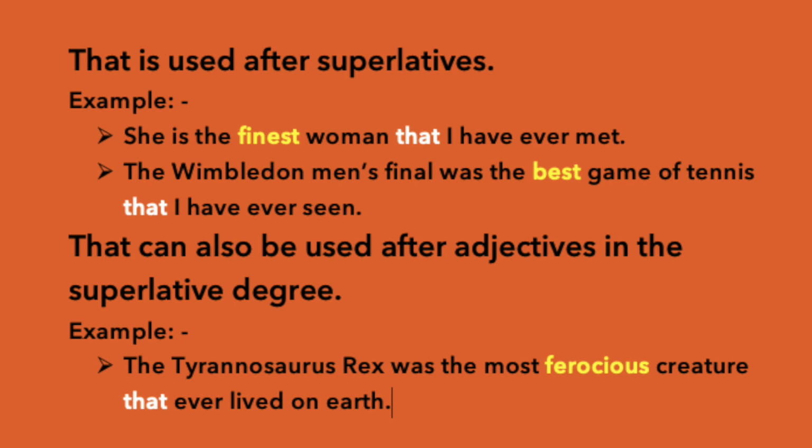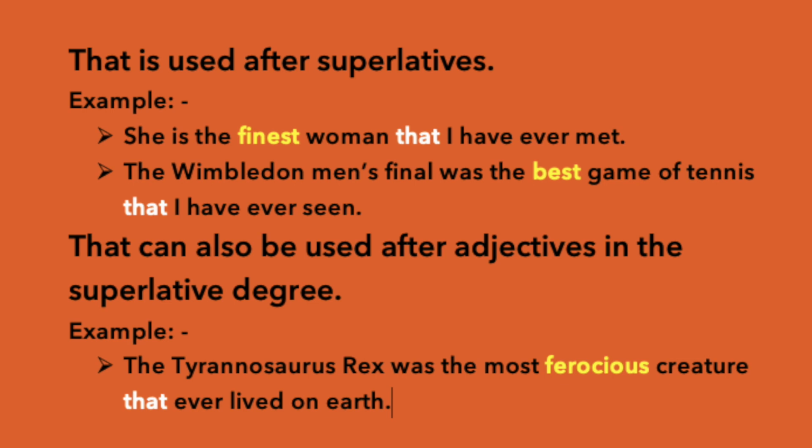See the next one. The Wimbledon men's final was the best game of tennis that I have ever seen. Is there any superlative form in this sentence? Yes, best is the superlative of good. Here we use that after the superlative instead of which. We can say both of these sentences as she is the finest woman whom I have ever met, who I have ever met, and the Wimbledon men's final was the best game of tennis which I have ever seen.